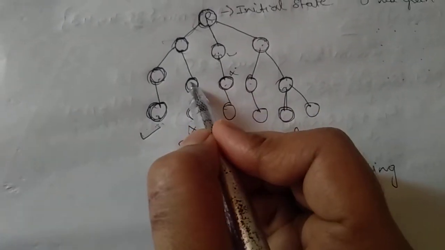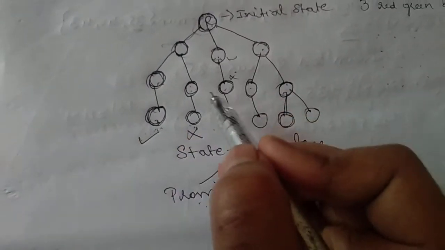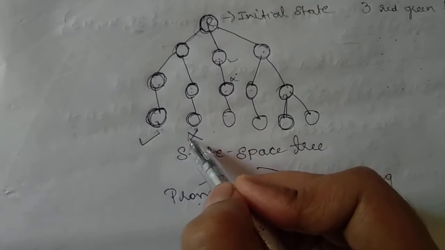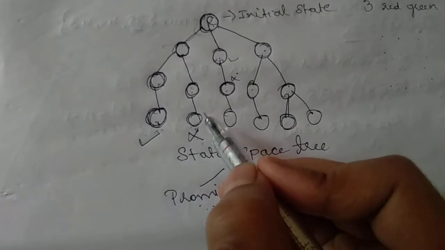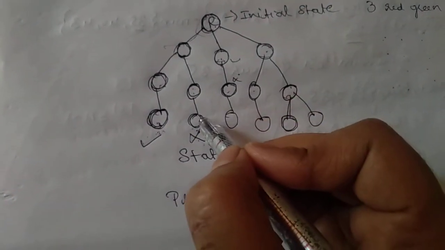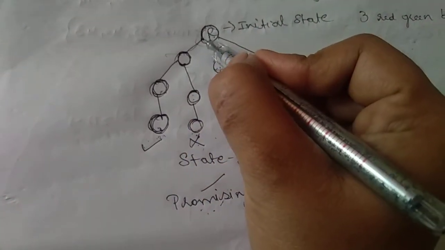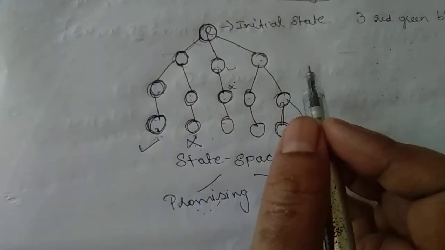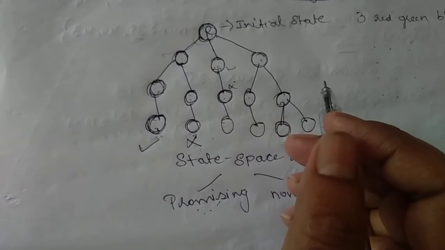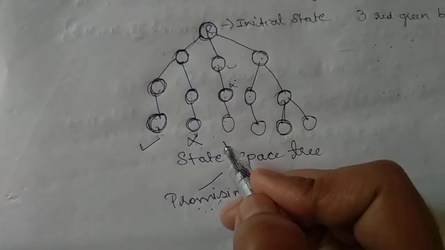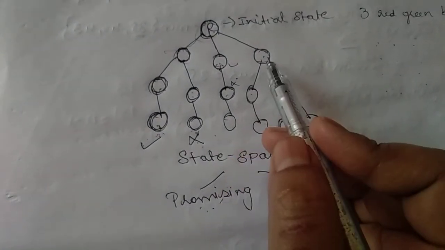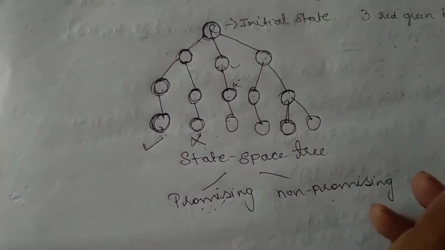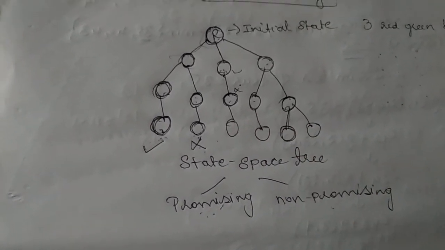If it is non-promising, you have an option for backtracking. This is non-promising, is it not? So you have to search for some more solutions. So what you have to do? You have to backtrack. If it is promising, it's fine, we have just found the solution. If it is non-promising, you have to backtrack and then find other promising nodes.